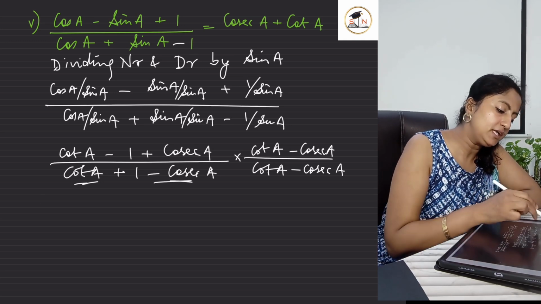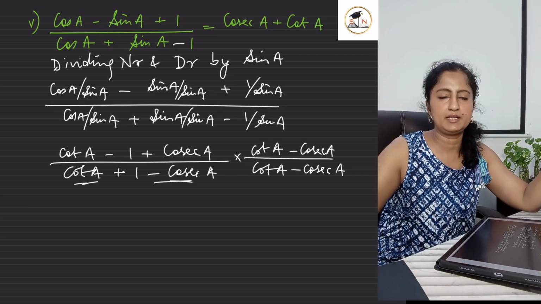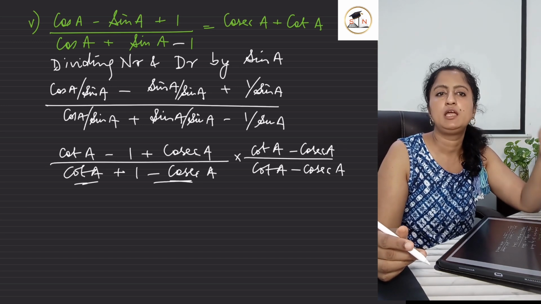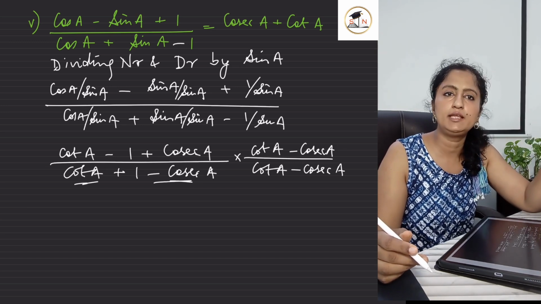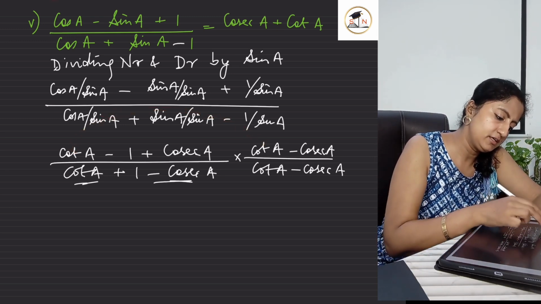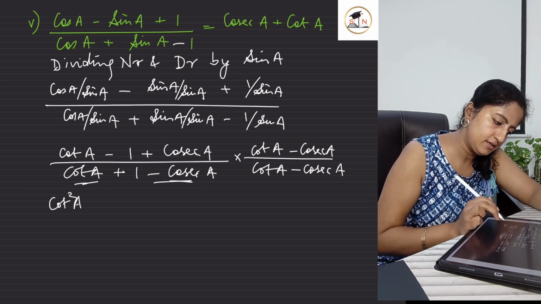Now, we need to multiply each term of the numerator, that is a trinomial, with each term of the binomial, only in the numerator. Remember, only in the numerator. So, cot into cot gives me cot square A, right?